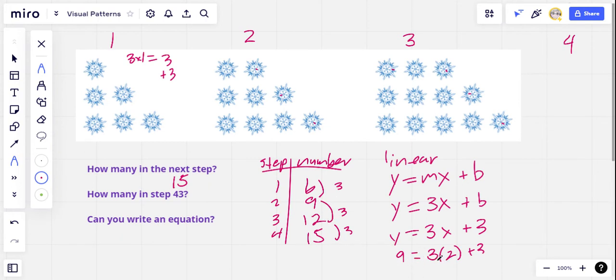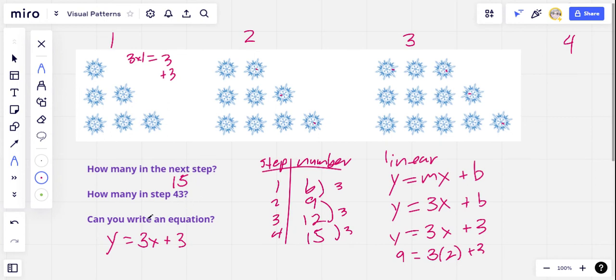So 12 would equal 3 times 3, that'd be 9, plus 3, that'd be 12. Yeah, and same thing in step 4. 15 would be 3 times 4, that's 12, plus 3 more is 15. Yeah, so this equation is definitely working out. So I'm going to put that down here. y equals 3x plus 3.